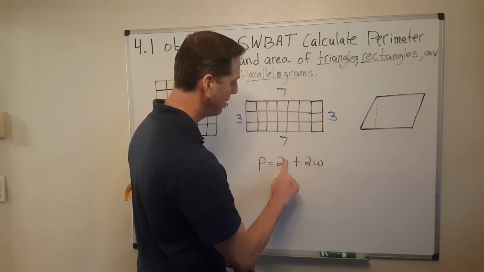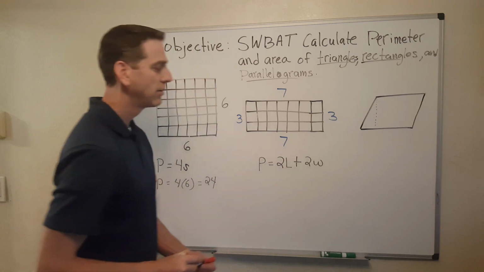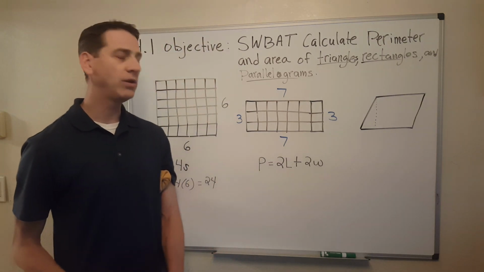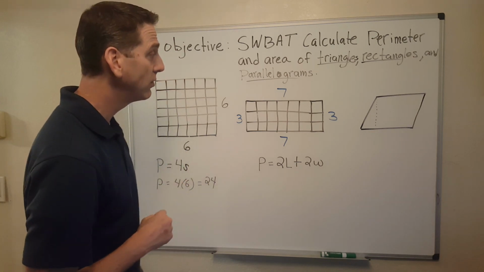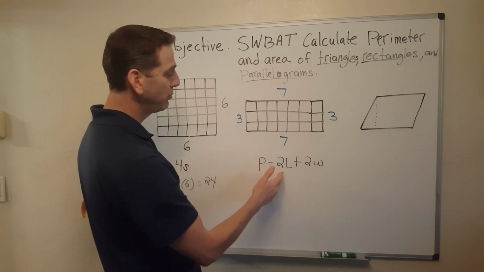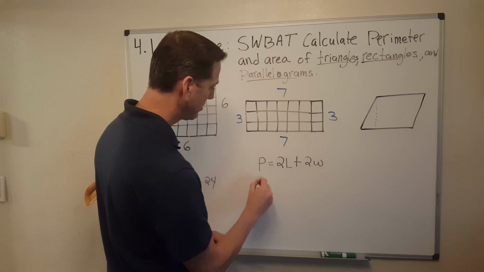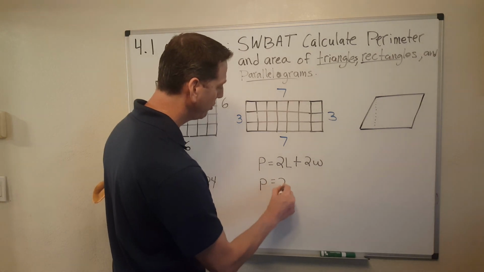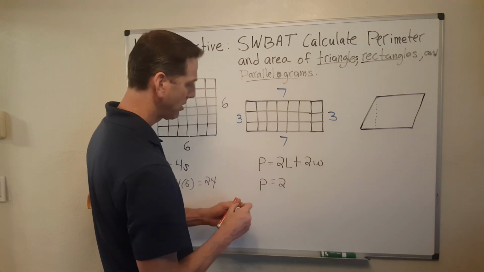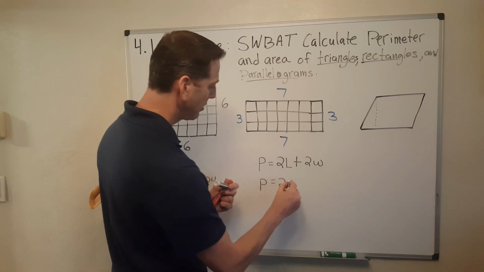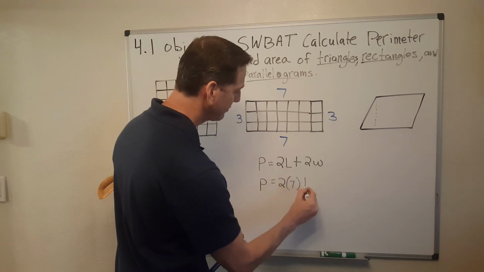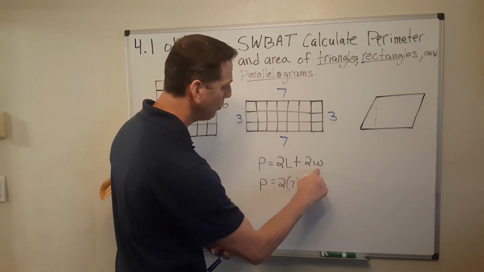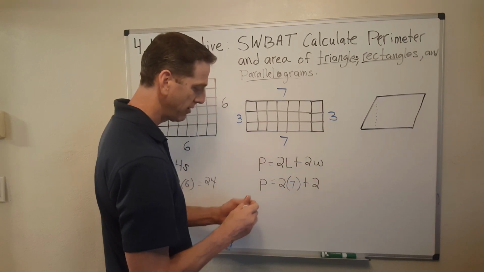Let me fix that L right there. Okay? So if I were to figure out the perimeter of this rectangle, I would just simply use this equation. Perimeter equals 2. Now what's my length? My length is 7. All right? Plus 2, and my width is 3.